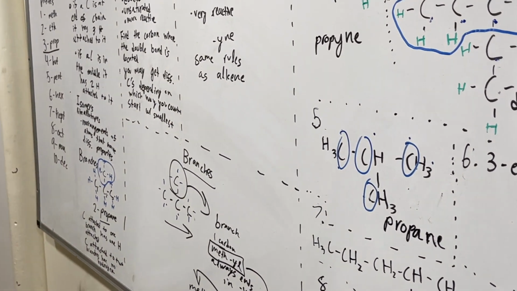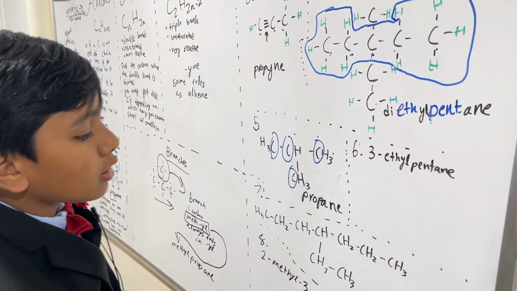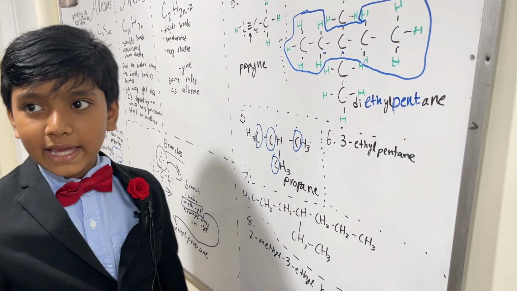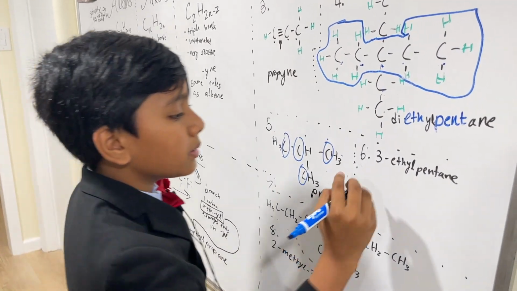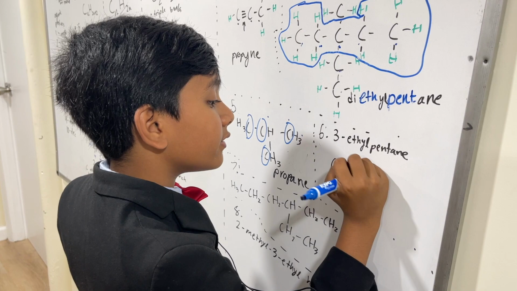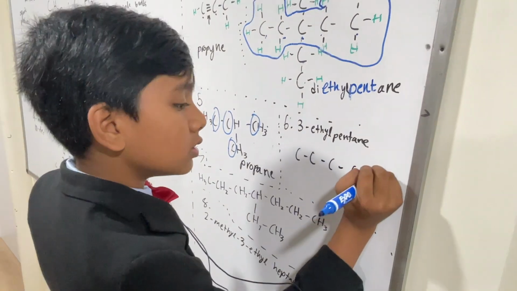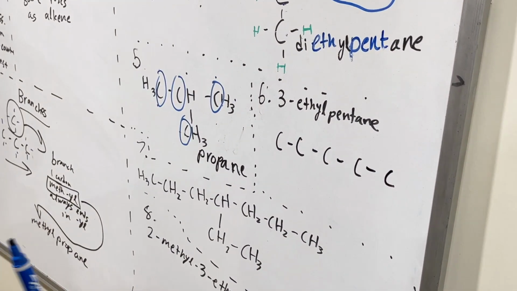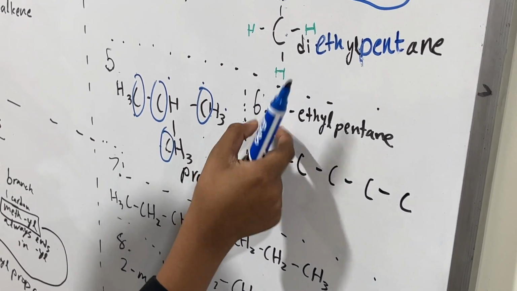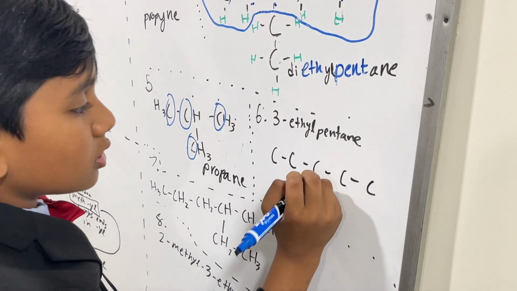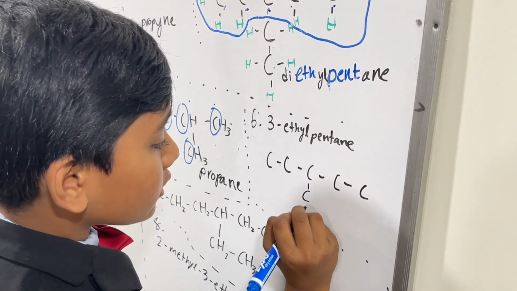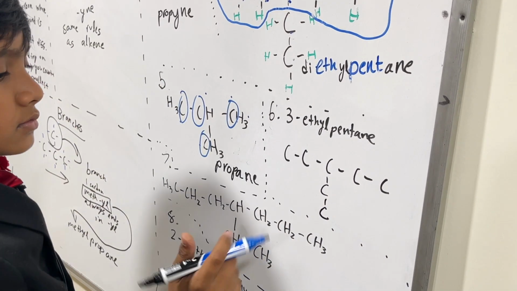Alright, 6. Now we're going to have to draw 3-ethylpentane. So, pentane means there are 5 lined up in 1 row. 3 means that there is an ethyl branch over here. So, ethyl means 1, 2.